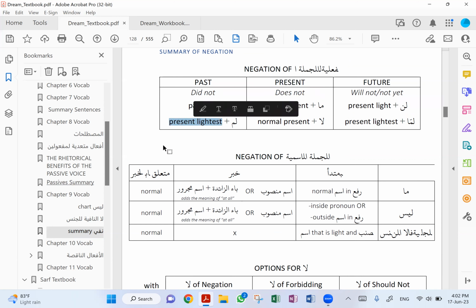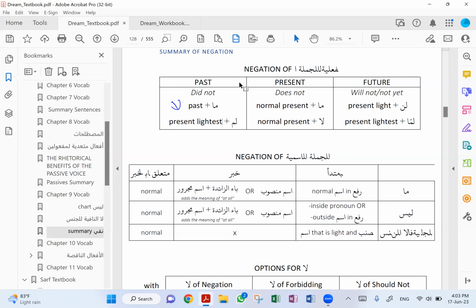Of course, we've also said that you can have la, but I think la is not as commonly used as ma and lam, and especially in MSA, I don't think la is used. Then you have present, which is ma plus normal present, la plus normal present. Then you have future, again two. So when you look at jumla fi'liya, there's two, and of course la, which is not so common.